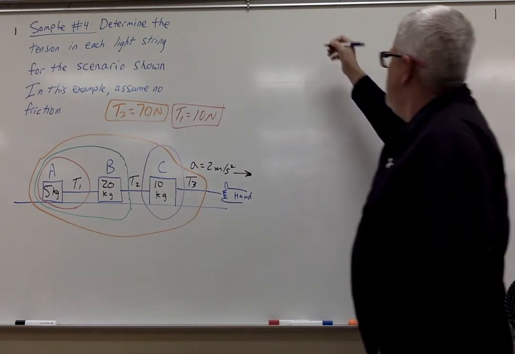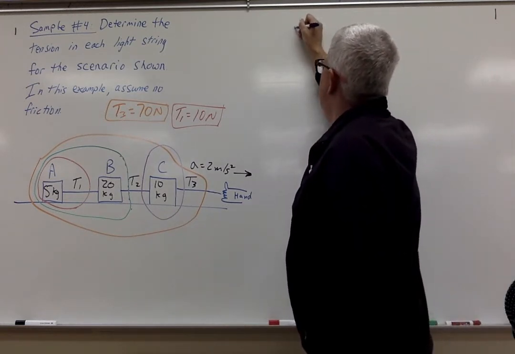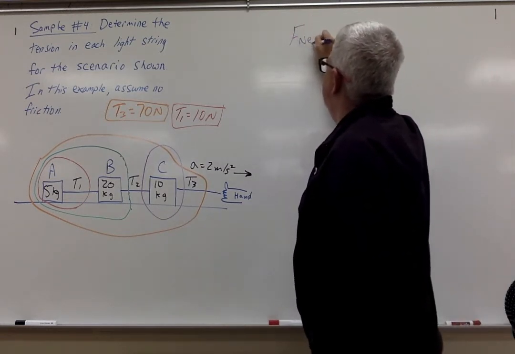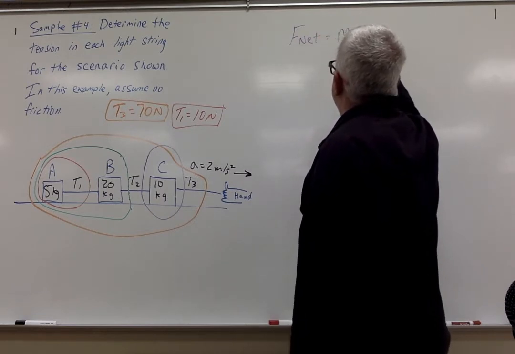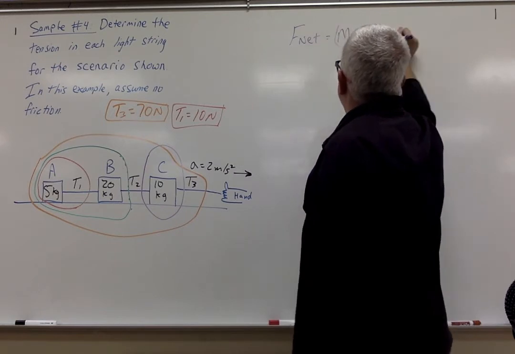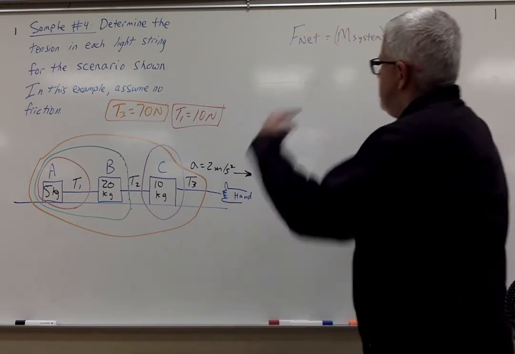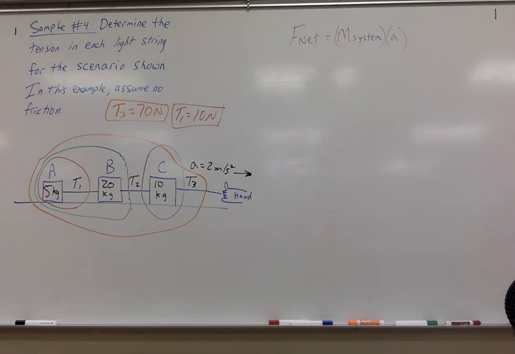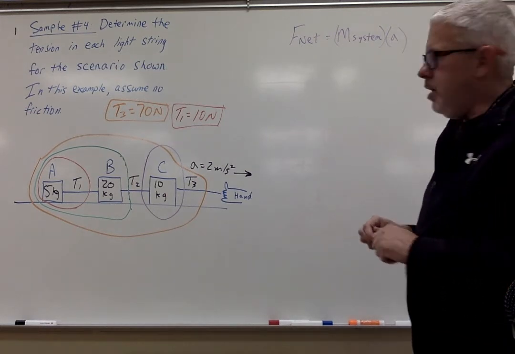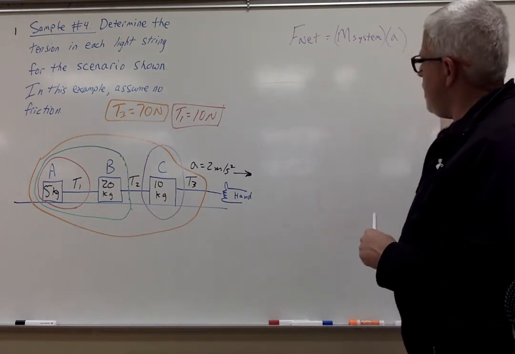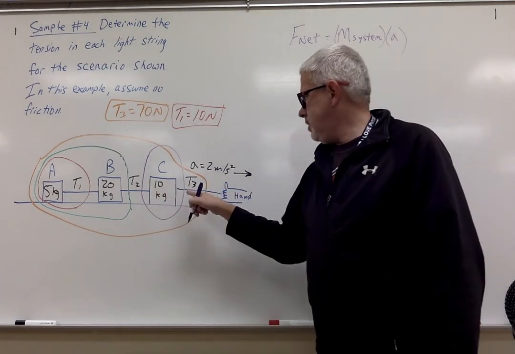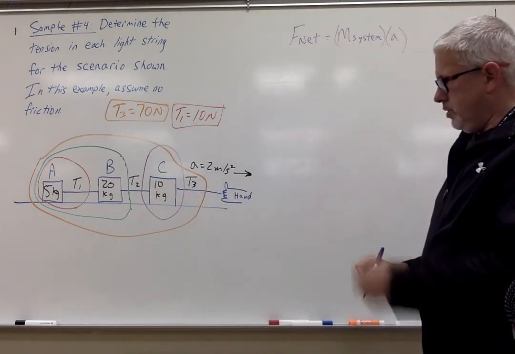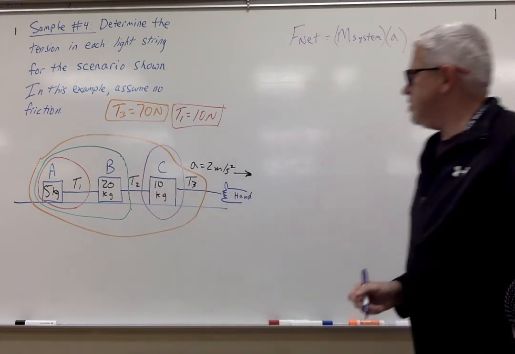So I'm going to start back again with Newton's second law. F net is equal to M system times acceleration. Since acceleration is to the right, we're going to think about the fact that things going to the right would be positive, things going to the left would be negative. So in this particular case, I've got two forces acting on block C. T3, which would be pulling to the right, and T2 would be pulling back to the left.